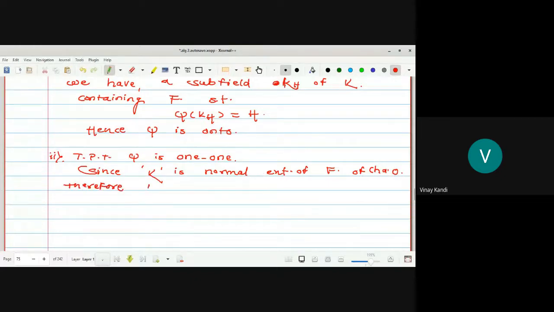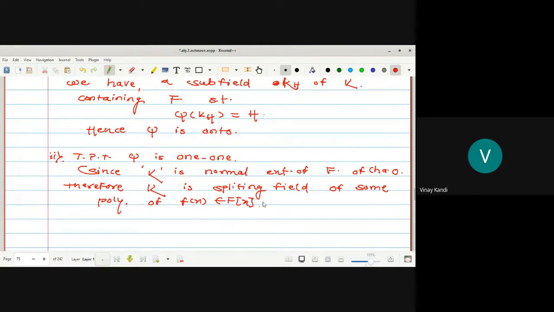Splitting field of some polynomial f of x belongs to F of x. Okay, this theorem also we proved in the previous lecture.